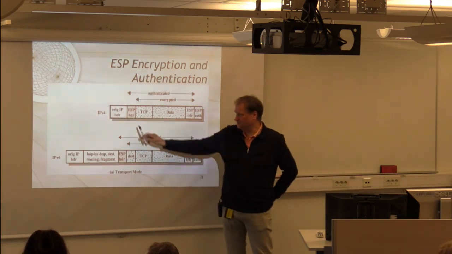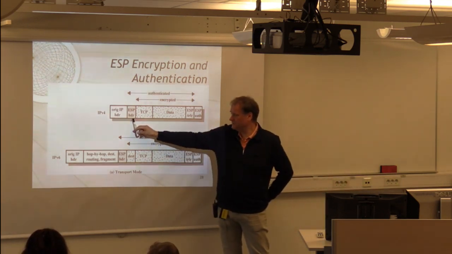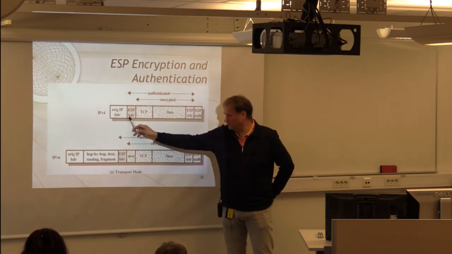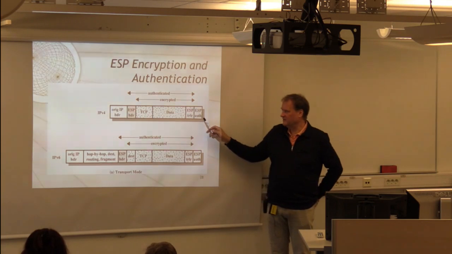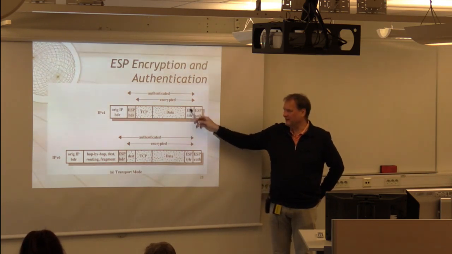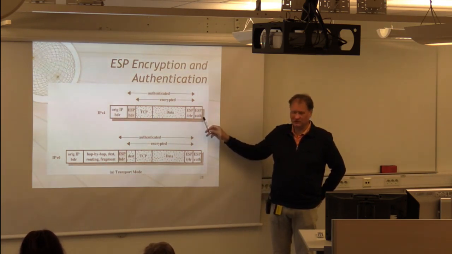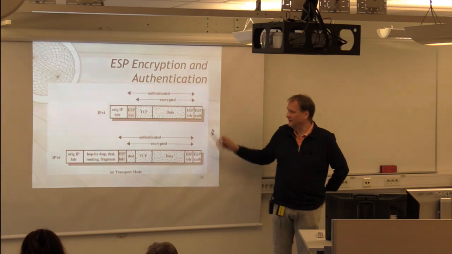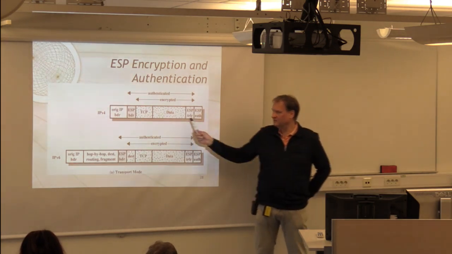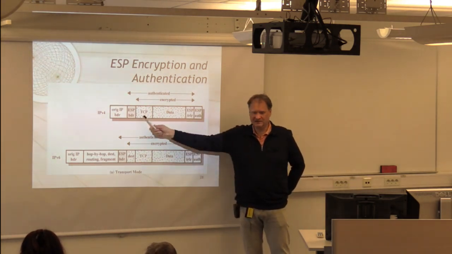Then we have to insert the ESP header. And actually the ESP header goes all the way until we have the ESP trailer here with padding data and possibly also the MAC code. And then it ends. And inside the header we have the encrypted original datagram.